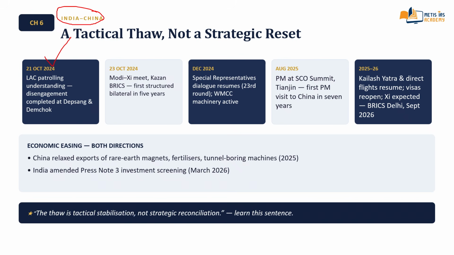Now, let us discuss another emerging dimension, that is technology and geoeconomics. In the 21st century, competition increasingly extends beyond territory. Countries also compete through artificial intelligence, semiconductors, critical minerals, digital infrastructure, renewable energy technologies, and resilient supply chains.